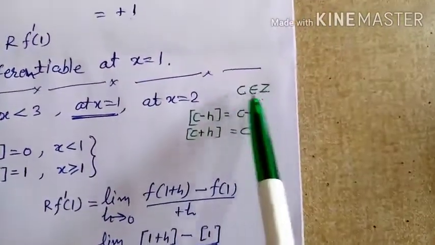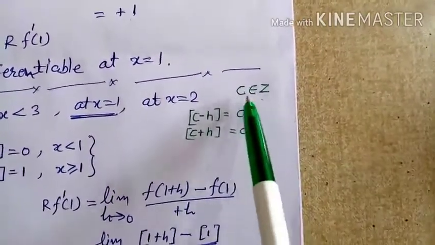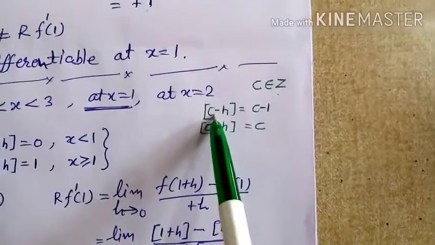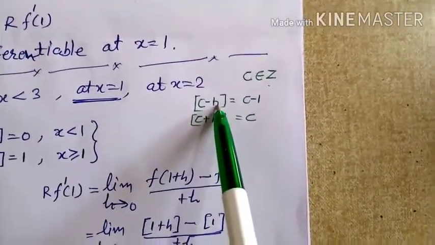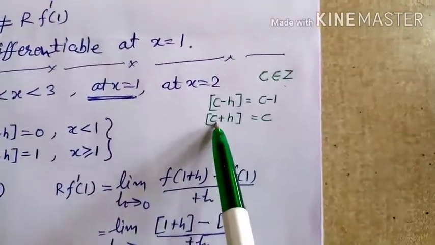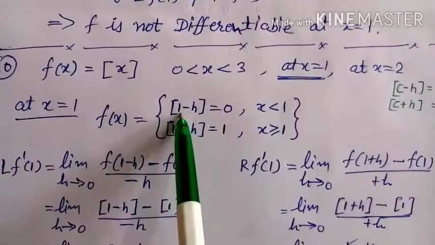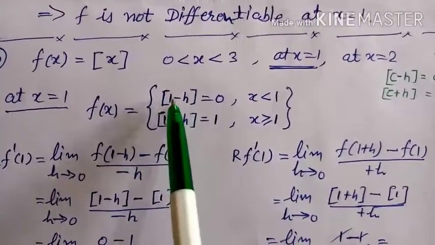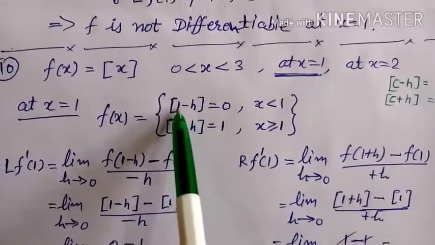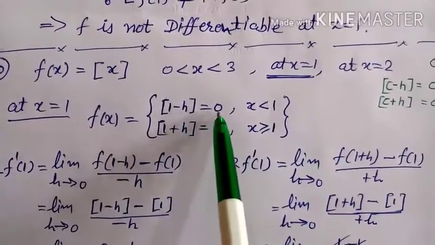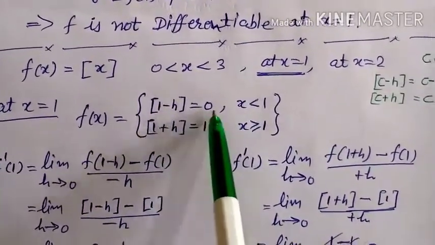If c is an integer, integer means round figure, 1 2 3 4 5, this is the number. So if it is c minus h, then it will be c minus 1, and if it is c plus h, then it will be c. So at x equal to 1, for the greatest integer function, if it is 1 minus h, then it will be less than 1, it means 0.